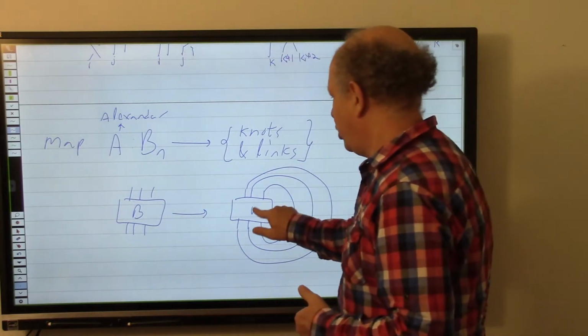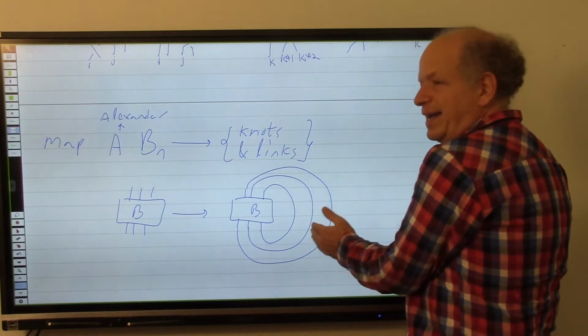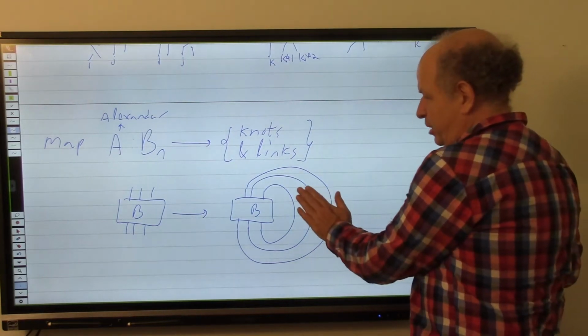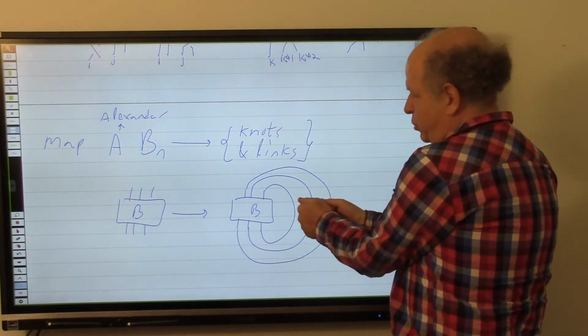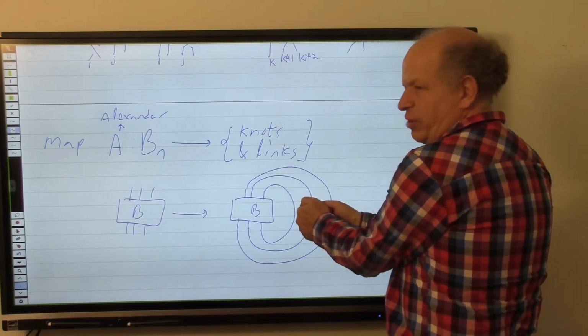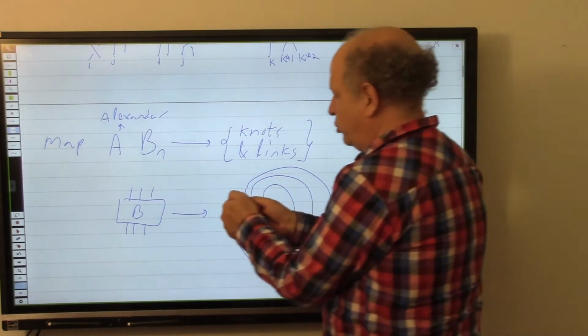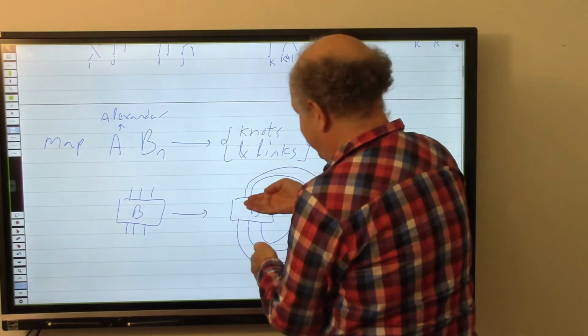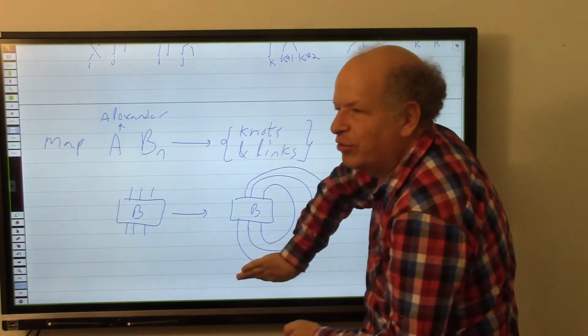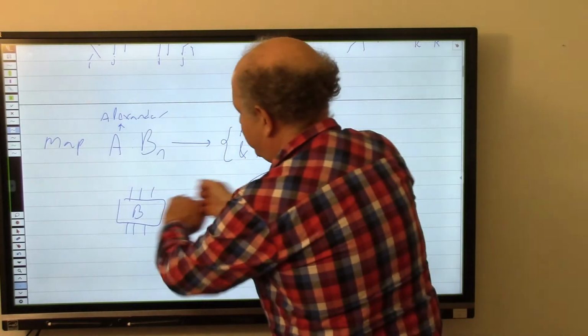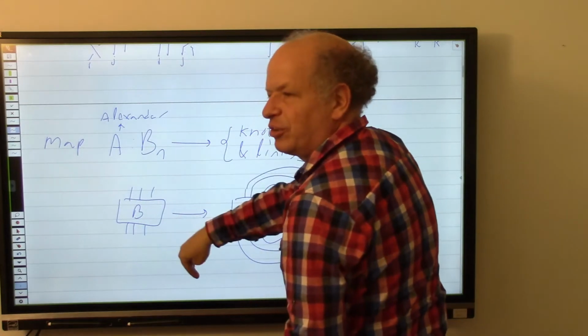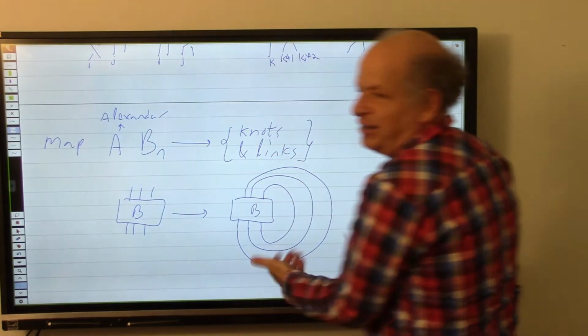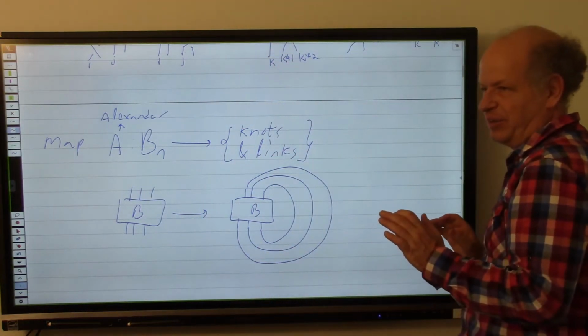Okay? So I closed it this way, but equally well I could take this bunch of strands and move it in front of the braid and then just close it sort of around this way, or push it further to the left and then close it on the left, or push it behind and close it behind. Okay?